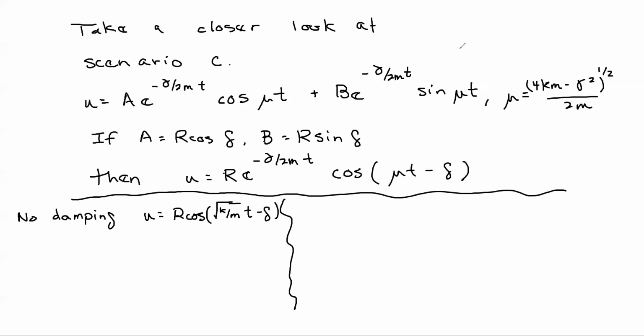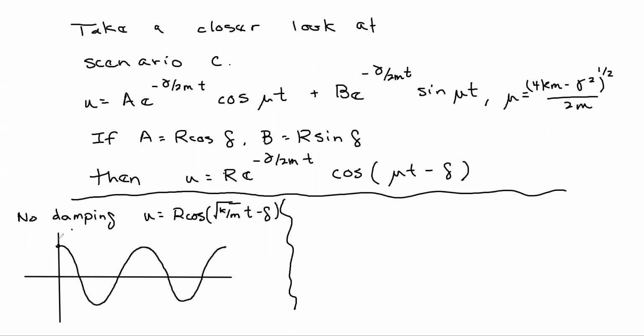And if you were to sketch this, you just pick some starting spot, and the motion stays consistent with the same top and bottom. Meanwhile, if we have u equals R e to the negative gamma over 2m t cosine of mu t minus delta, what's that going to look like? So what's the one difference that's there?